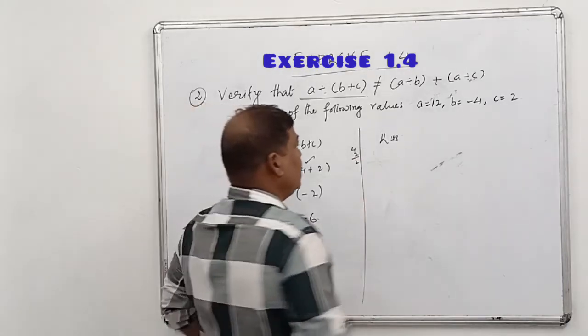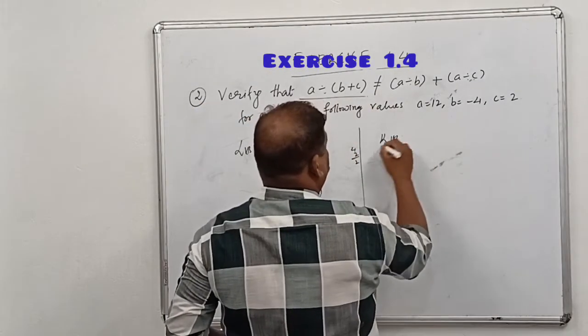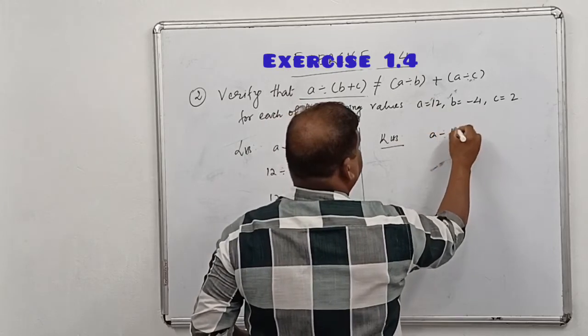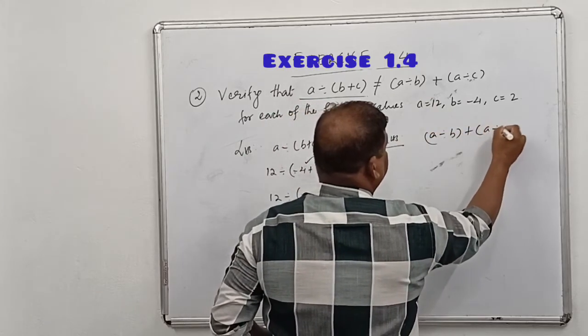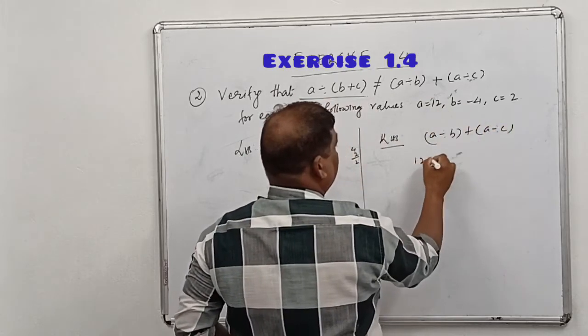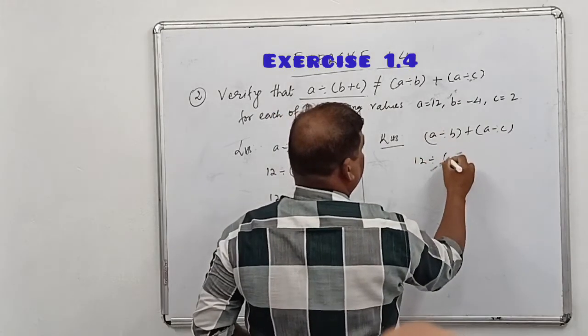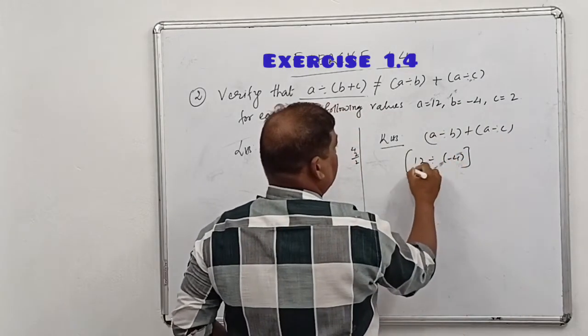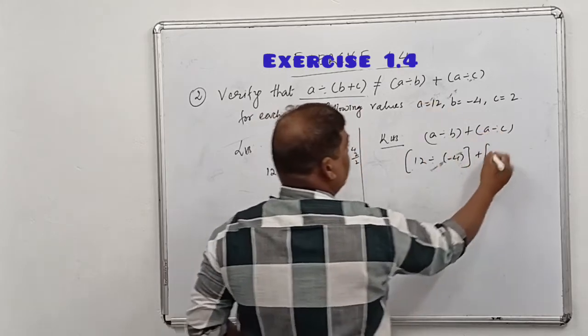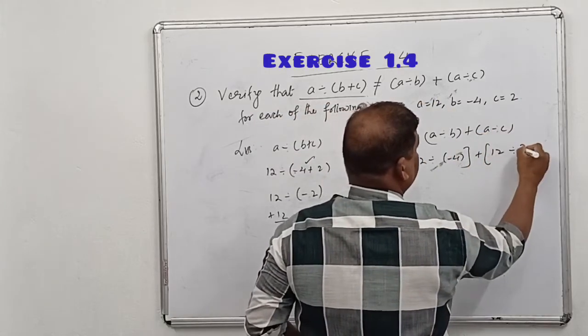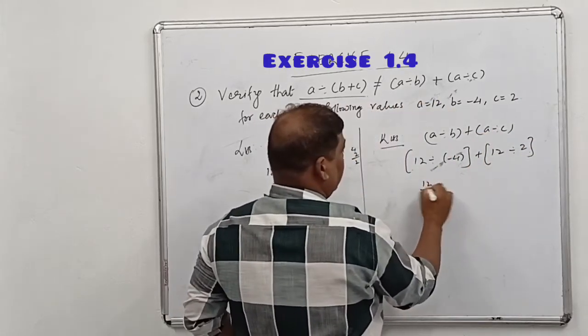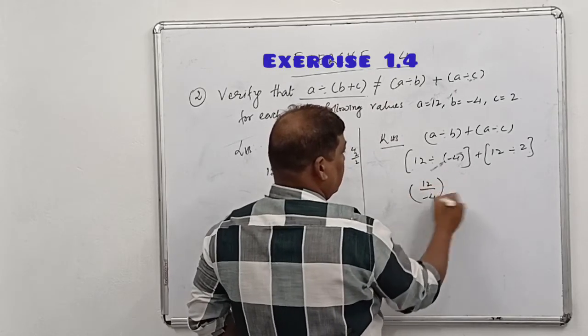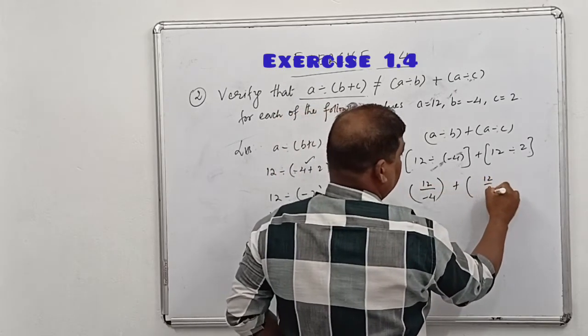Now let us check the RHS, a upon b plus a upon c. The value of a is 12, the value of b is minus 4, plus 12 upon the value of c, which is 2. Now 12 upon minus 4 plus 12 upon 2.